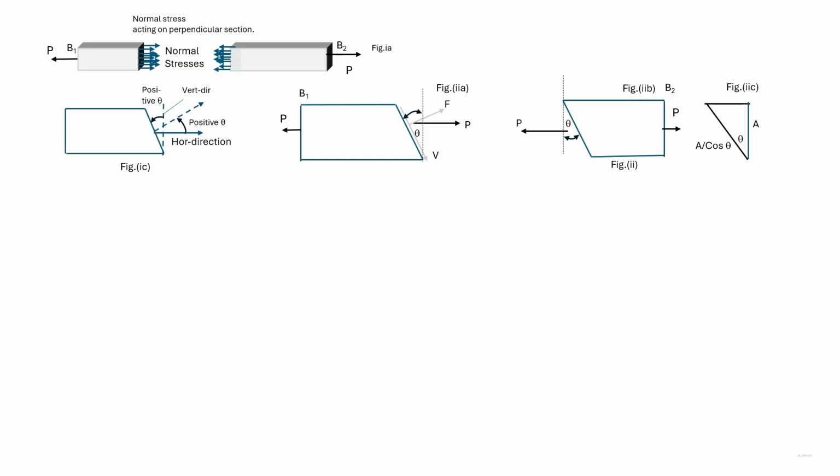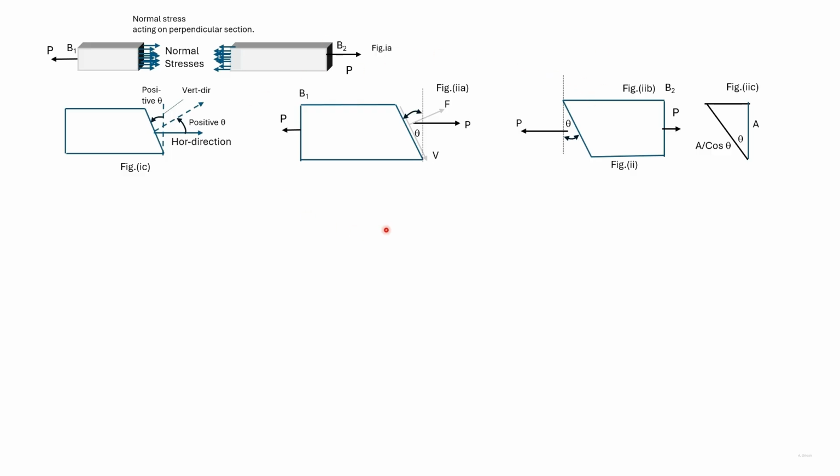Here we consider normal and shear stress acting on an oblique plane in a bar subjected to axial loads. We had previously considered sections perpendicular to the axis for bars subjected to axial loads.